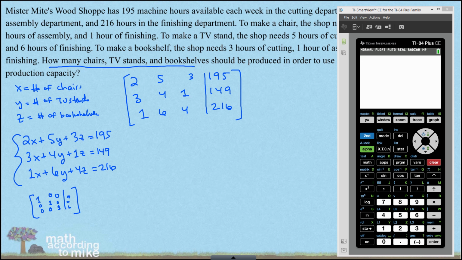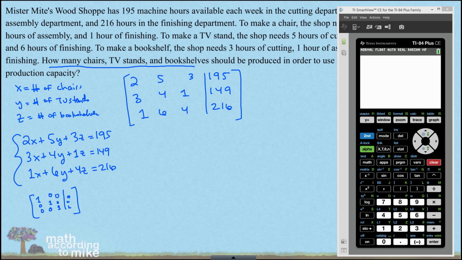It is strongly advisable to definitely take notes on how to put this stuff into the calculator, because this will save you time for this section and another section later on in the chapter, and then the majority of chapter 7. Okay. First thing we need to do is to get the matrix into the calculator.